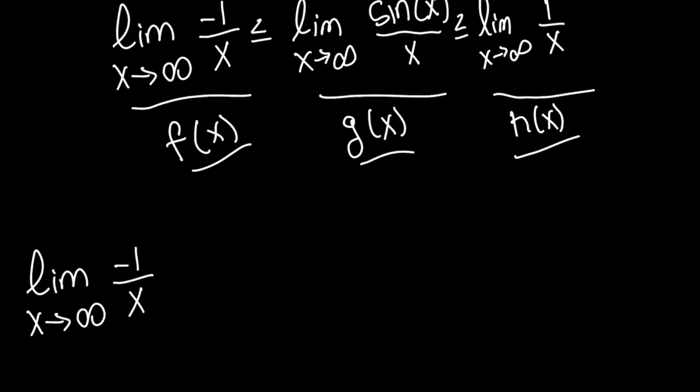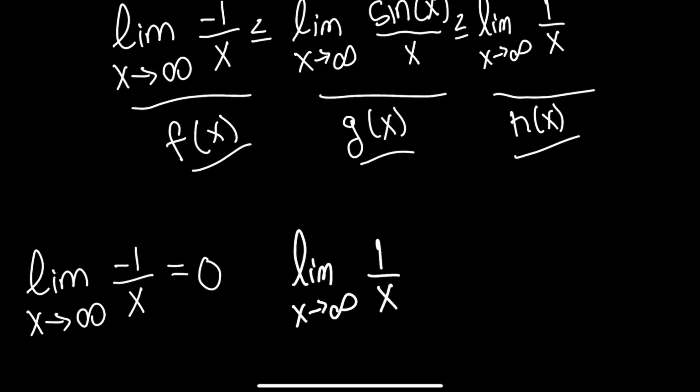Well, we know that the limit as x goes to infinity of -1 over x, as x gets closer and closer to infinity, this value, -1 over x, is going to get smaller and smaller as we plug in larger x's. So this is going to go to 0. Likewise with 1 over x, as we plug in x values getting closer and closer to infinity, 1 over x will keep getting smaller and smaller and closer to 0.